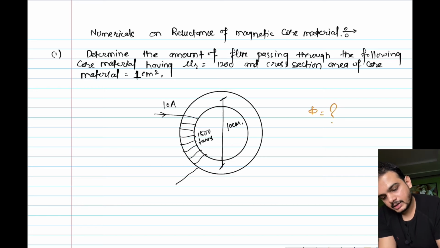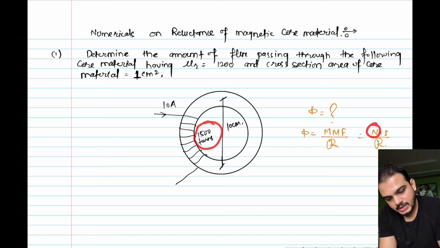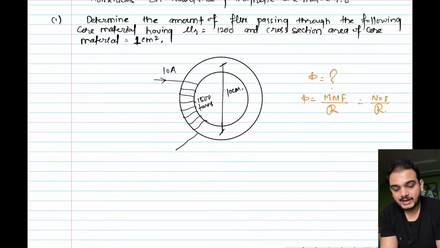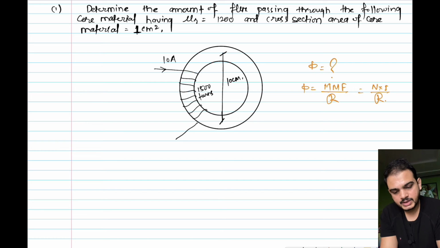We know that flux is equal to mmf by reluctance. The mmf can be written as N into I, divided by reluctance. The number of turns is given, 1500 turns, and the current is also given, but is the reluctance given? No, we need to find the reluctance first in order to calculate flux.